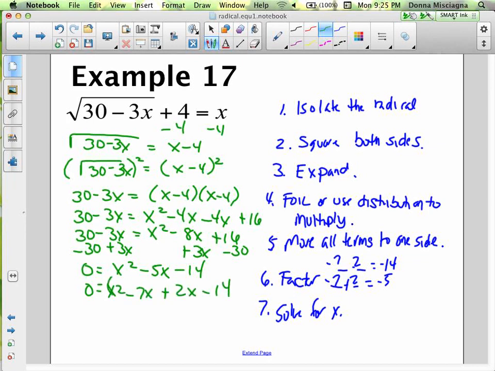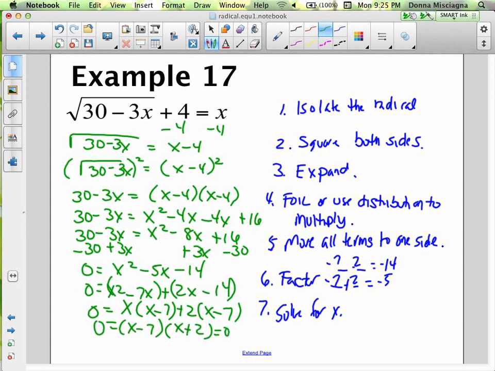The first two are a group, the second two are a group. We'll pull out our greatest common factor. So from the first pair, it's going to be an x. Divide x squared minus 7x by x, you get x minus 7. Divide 2x minus 14 by 2, and you get x minus 7. So the repeating factor is x minus 7, and what we factored out, the leftovers, is the other.